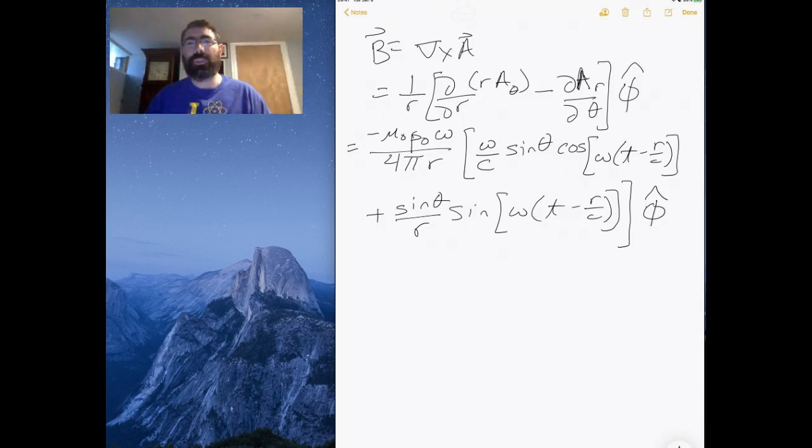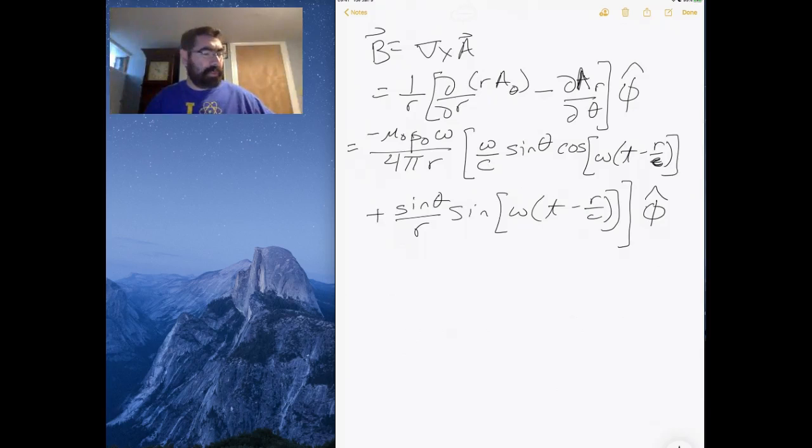I already worked out all those derivatives ahead of time. Feel free to go ahead and do that on your own, just to prove to yourself that this is the solution to both of those derivatives.